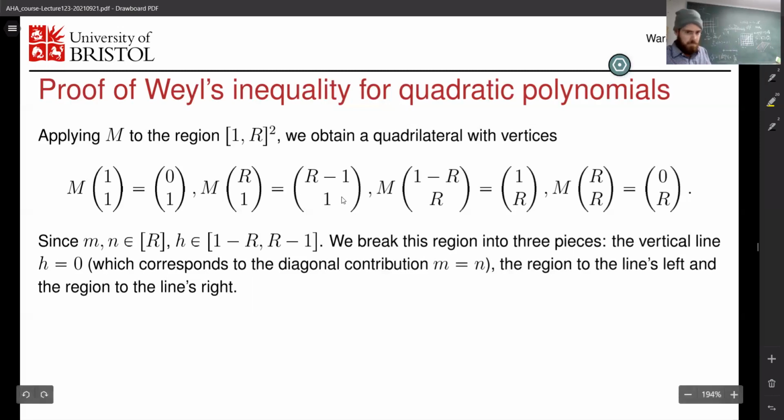When I do that, I pick out this diagonal because m is equal to n, and our exponential sum is just a bunch of positive terms. There's cancellation, however, on all the lines parallel to this diagonal, which are all of these shorter vertical lines, under the change of basis.